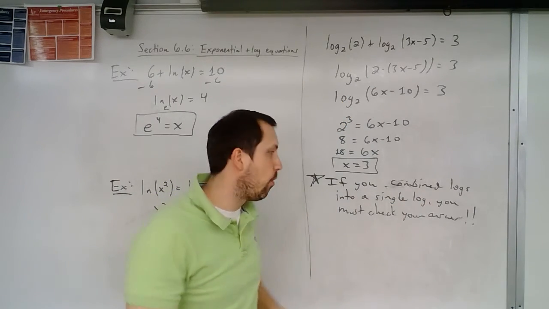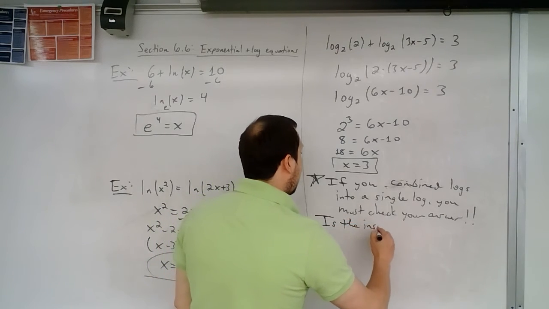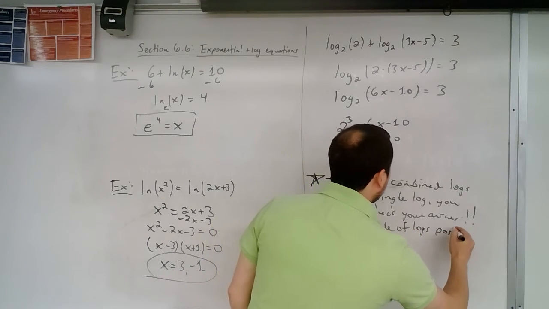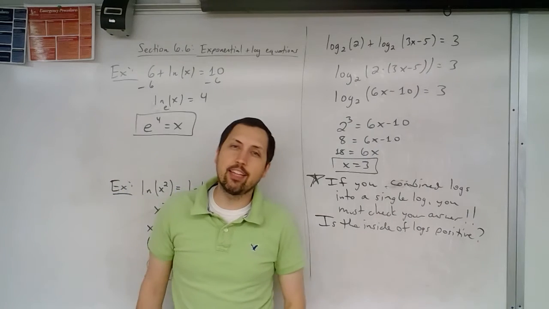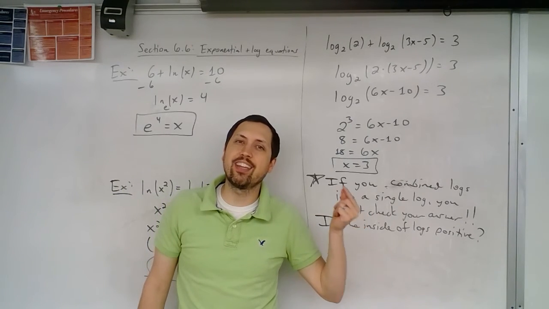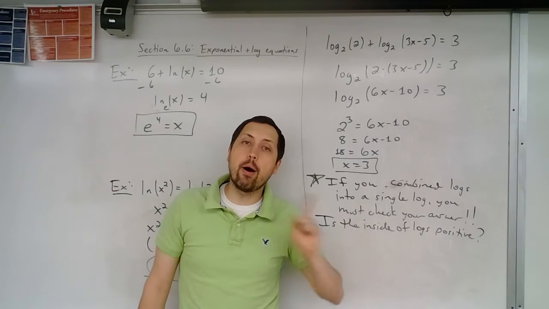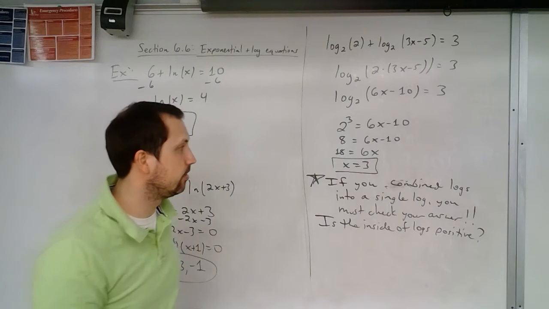What we're checking for is whether the inside of the logs is positive. This is what we're looking for. If I check my answer and I realize that the inside of my log is negative, then that is not an okay answer. But as long as it's positive, then that's great. I have found the answer that I needed to.